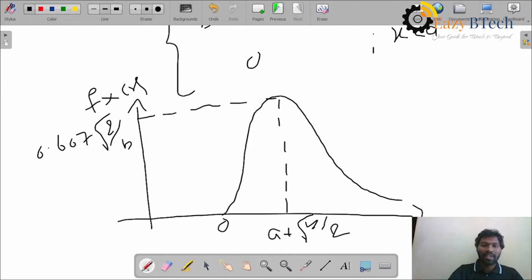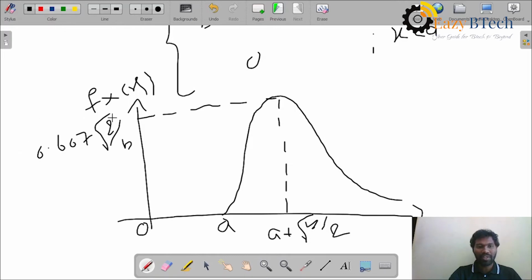You need not remember these values. You just remember the shape of the Rayleigh density function. That is enough to write in examinations. So fX of x, and this shape is enough. It starts at the value a, and this is the origin. We just remember these values: 0, a, x and fX of x.